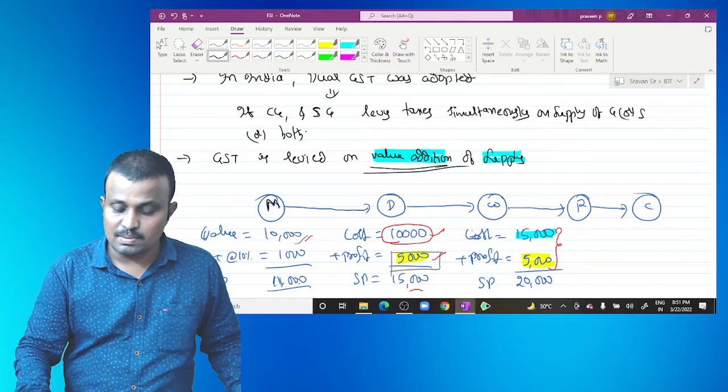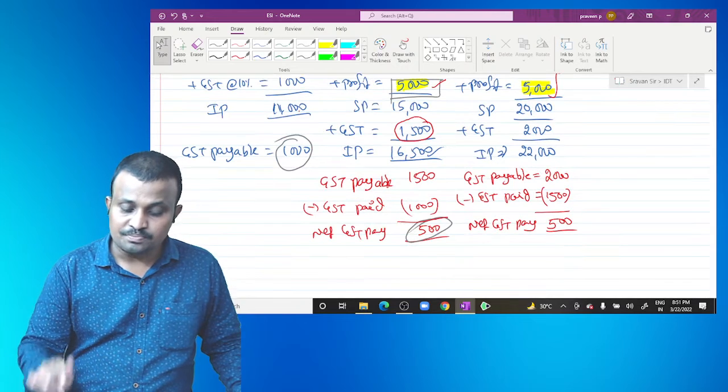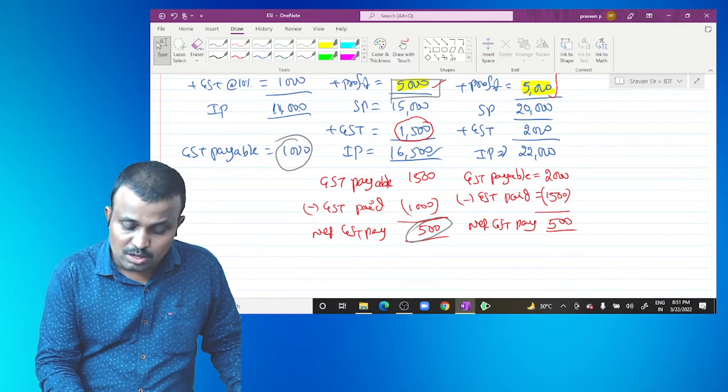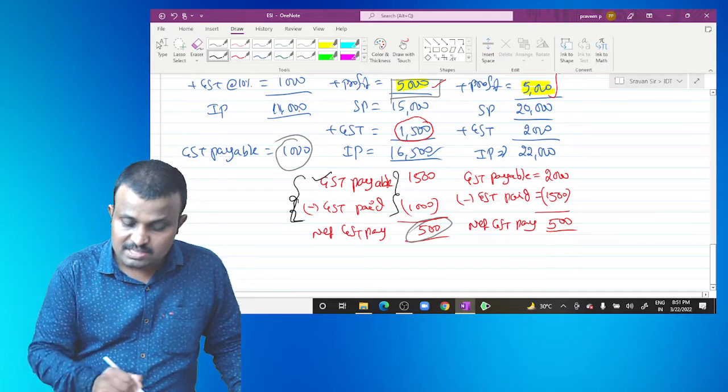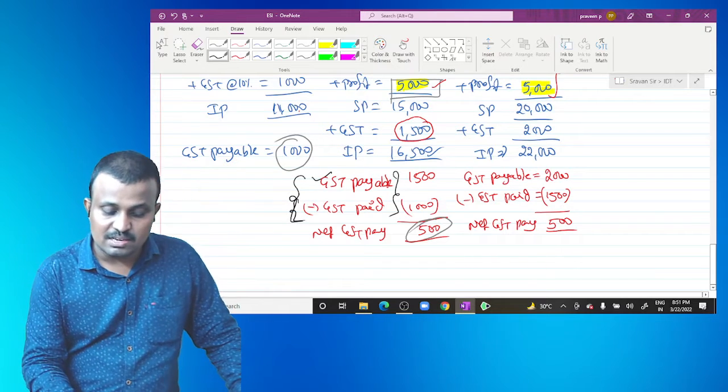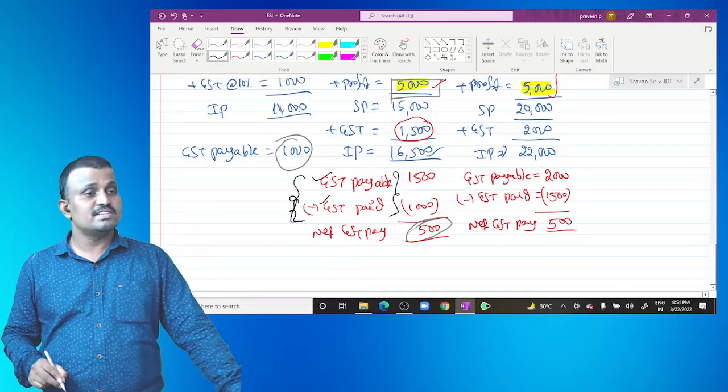Value addition of the supply. So here, if you observe, while making the payment of tax, two elements are there: GST payable and GST paid, giving net GST payable.